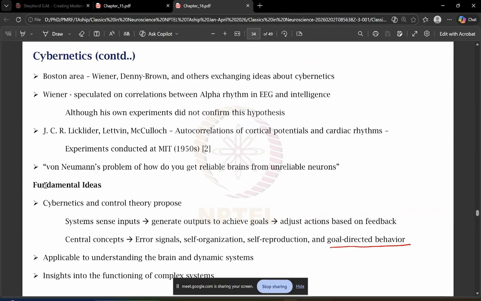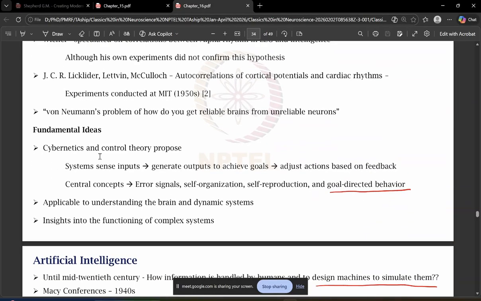So the fundamental idea of cybernetics was that the system will sense an input, and on the basis of that input, an output will be generated to achieve a particular goal. Then the output will again influence the system.